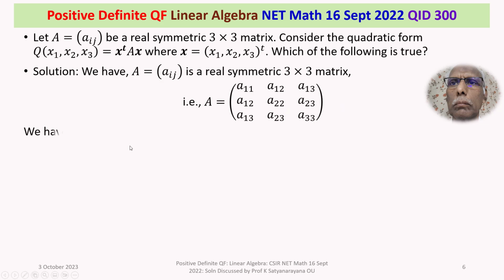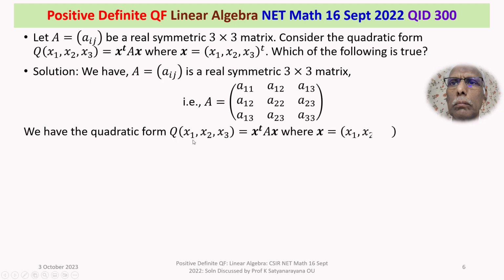We have the quadratic form Q of x1, x2, x3 equal to x transpose A x, where x is the column vector whose entries are x1, x2, x3. So that will be equal to the row vector x1, x2, x3 times A times the column vector x1, x2, x3. This is the quadratic form associated with A.